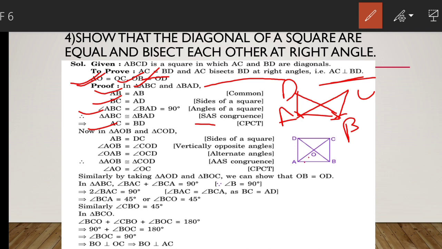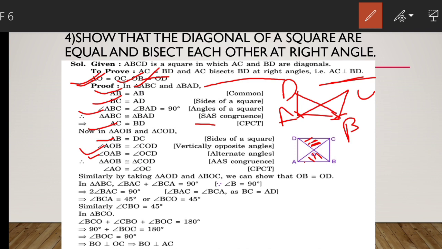In these two triangles we have AB is equal to DC as it is a side of a square. Angle AOB and angle COD are vertically opposite, so they are equal. And angle OAB is equal to angle OCD as alternate angles.